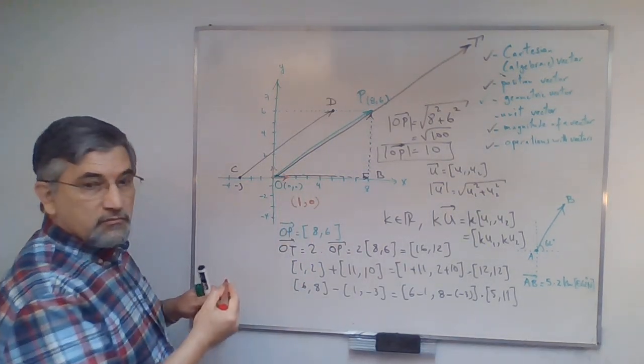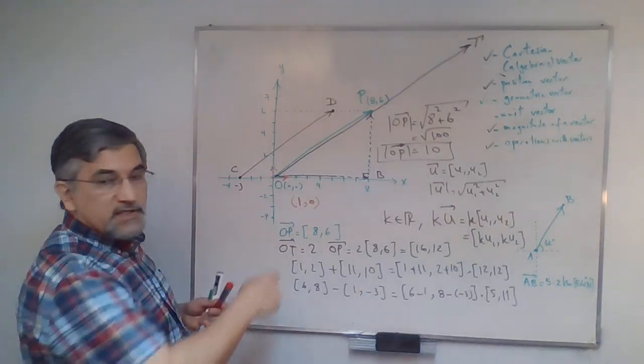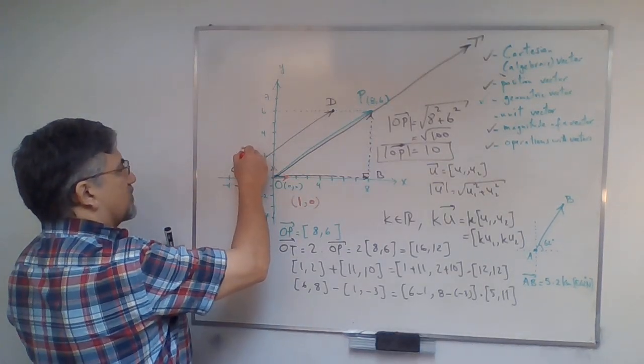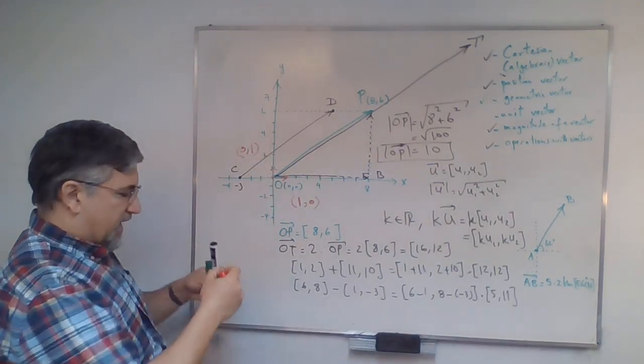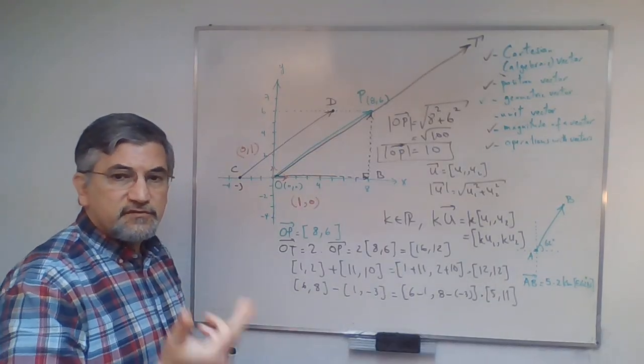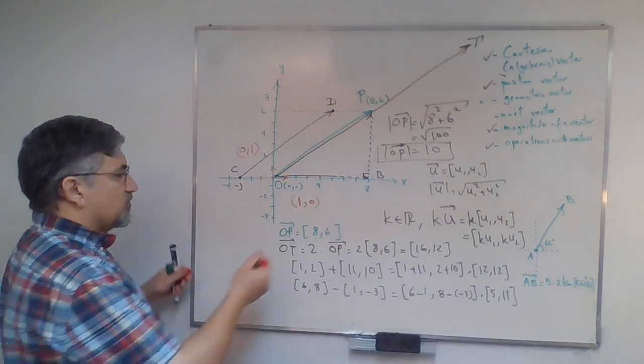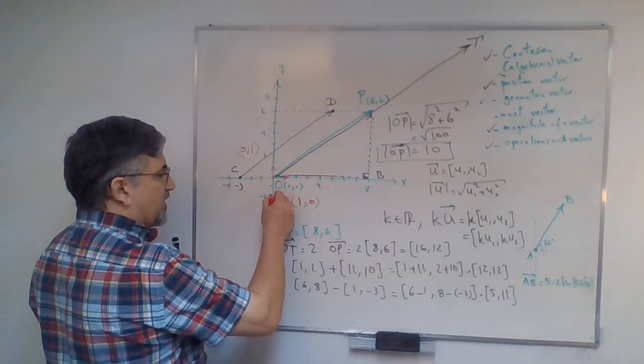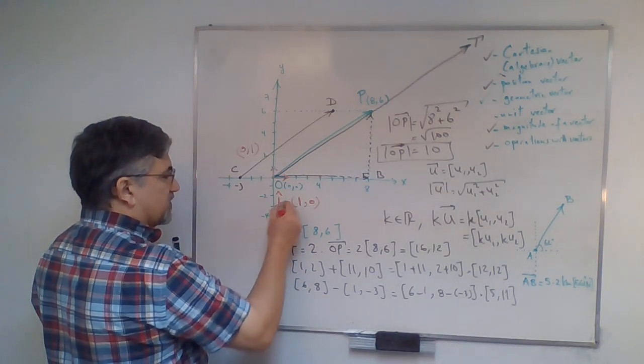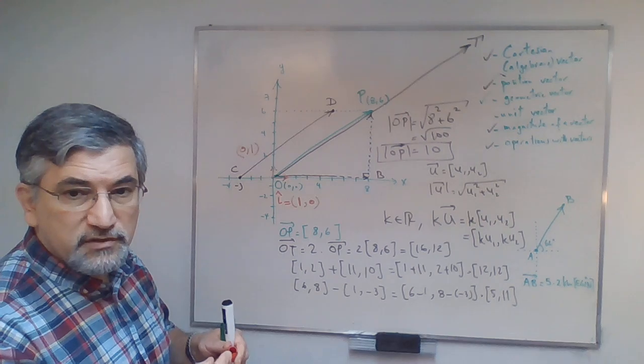It's on the x-axis. The other one is 0, 1. It's on the y-axis. These are called unit vectors along the x and y axis, and they have special names. This one is called i hat. Okay, that's the symbol we use for unit vectors.